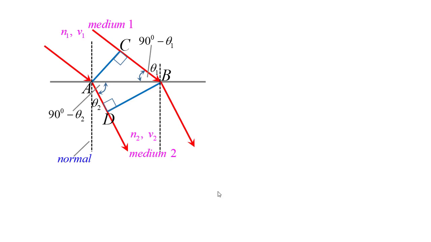Assume this construction, and from this, cosine of 90 degrees minus theta 1, that is this part, I'm considering triangle ABC, this triangle making 90 degrees there, because these two rays are coming in.